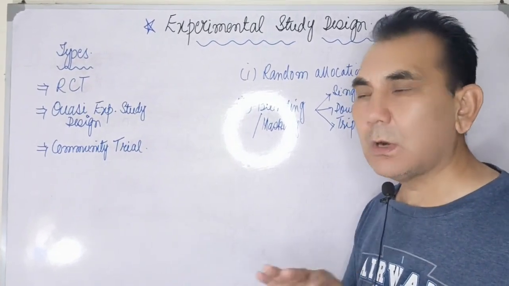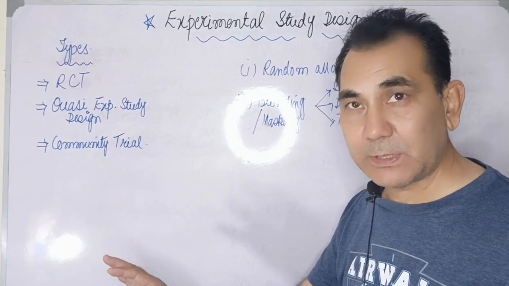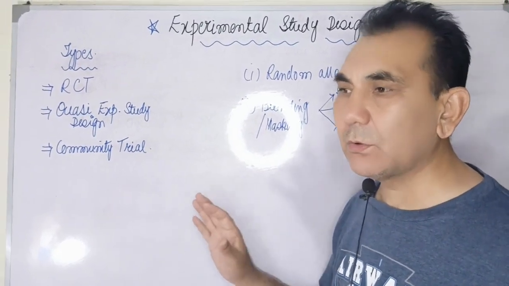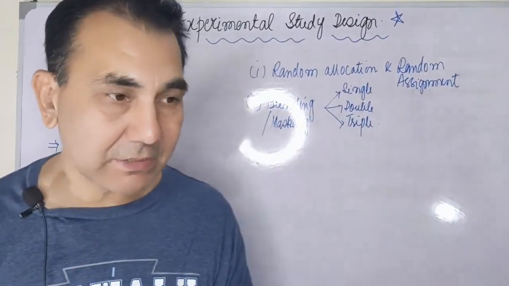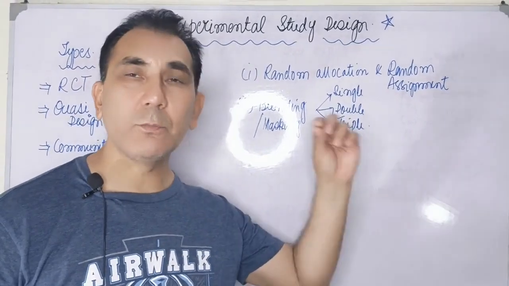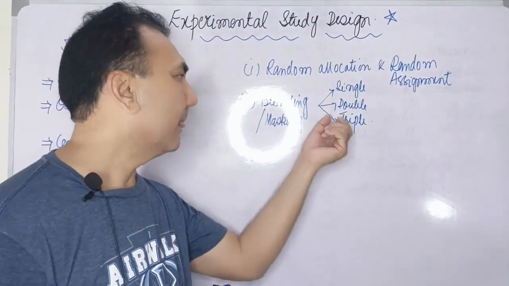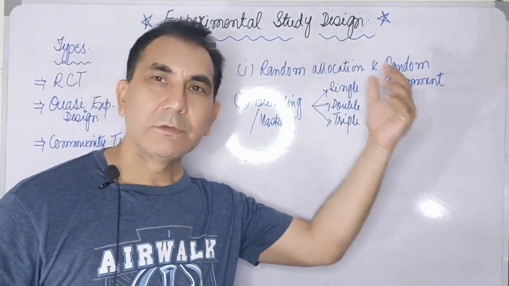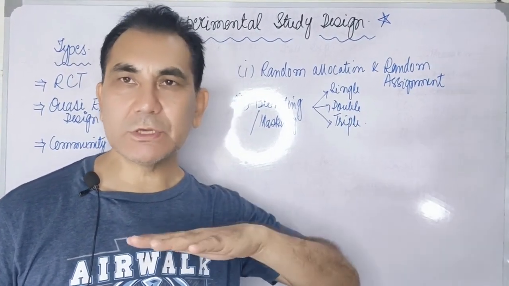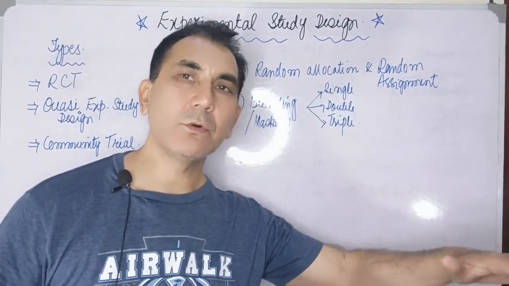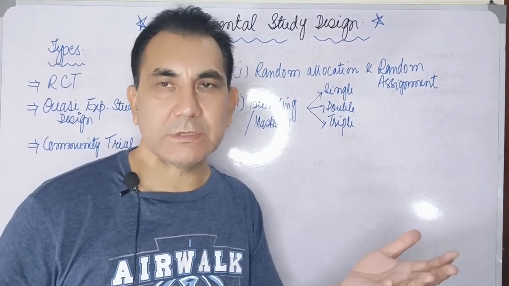They don't know which group is which, and they don't know which type of drugs they are giving, whether to group A or group B, the new drugs or the old drugs. So at the drug administration level, they don't know about the experiment or control group, and they don't know about the intervention or the drugs.